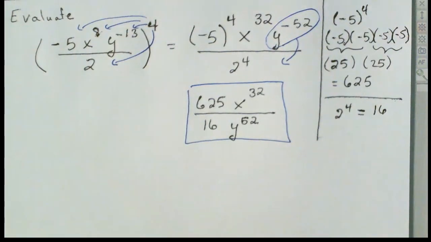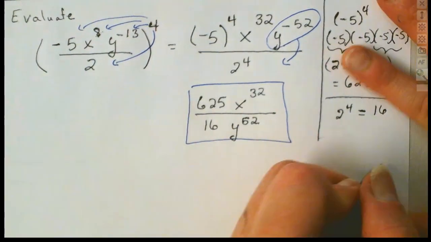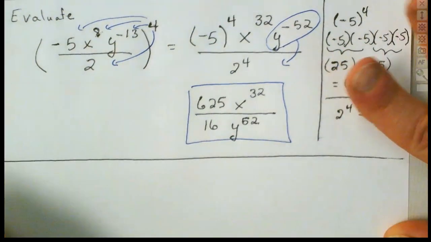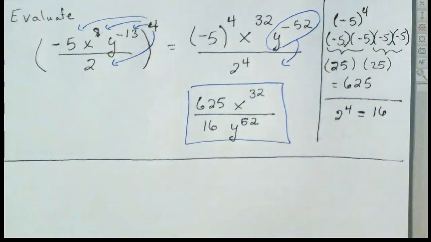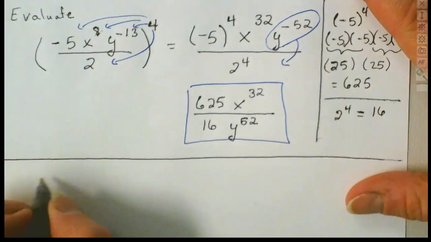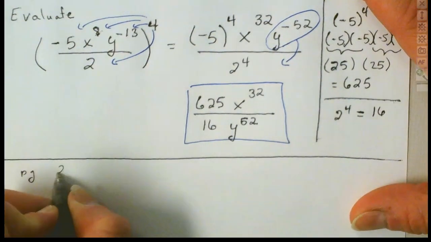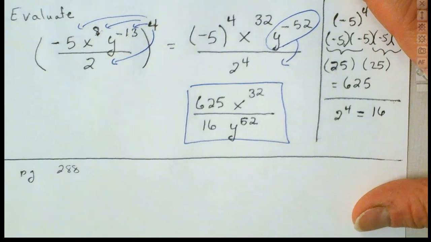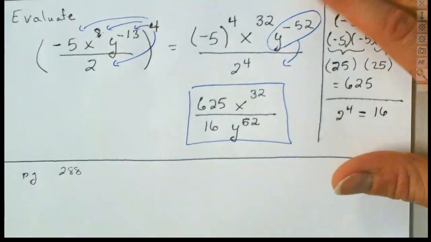How about we look at question 96 on page 288. You don't need to turn to your textbook because I'm just going to write the question up here. So this is on page 288. We're going to look at question 96.